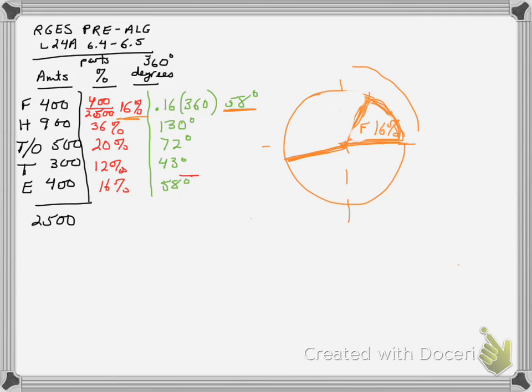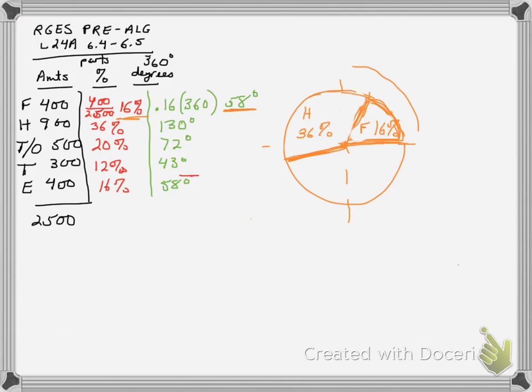And we did do this once in class already. So this is housing, and you don't label by degrees, you label by percent, so that's 36%. And that's where I was having trouble earlier.